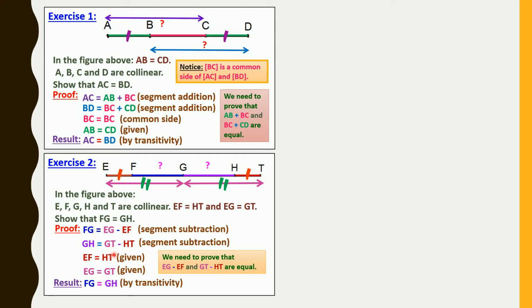Same here. For example, if EG was equal to 7 centimeters and EF was equal to 4, since we know that these two segments are equal and these two are equal, we have 7 minus 4, which is 3. So we proved that they are equal without having any measurements by using the transitive property.